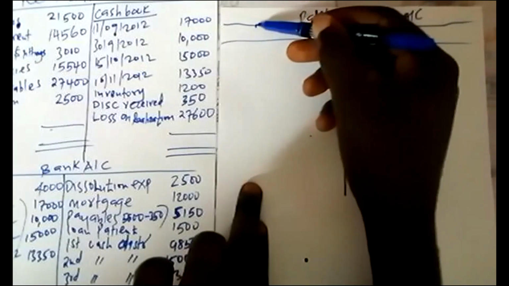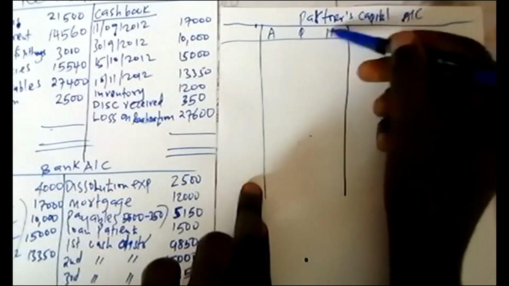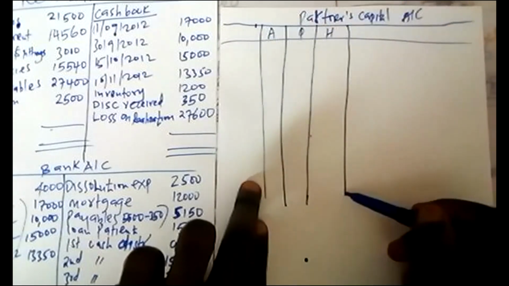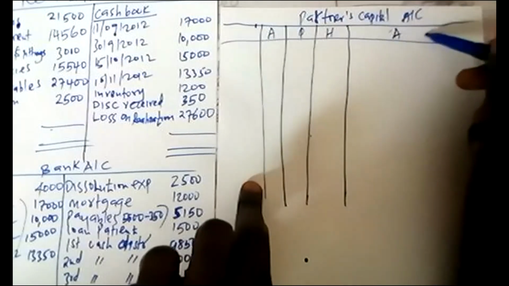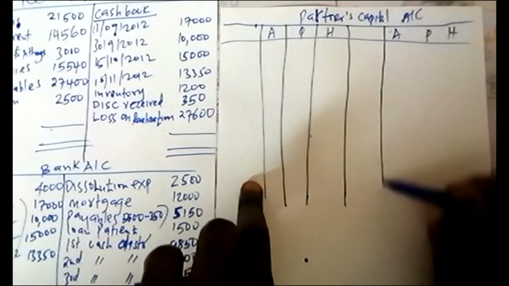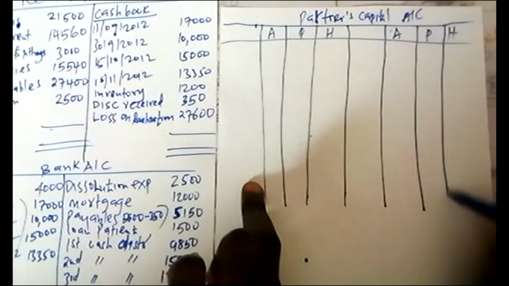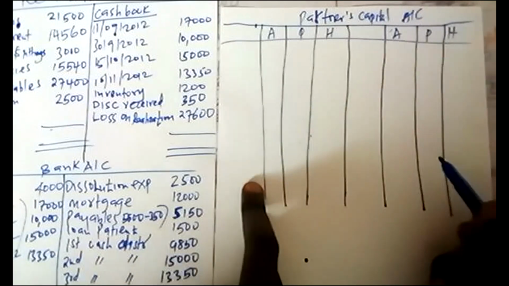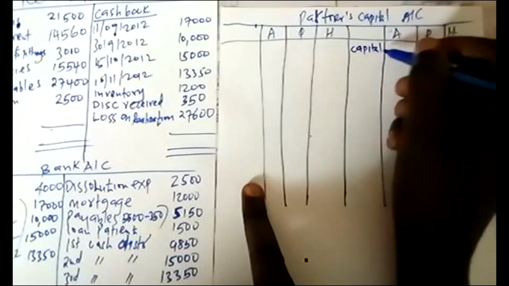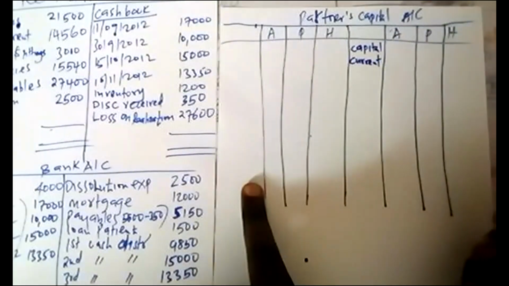Remember that we have three partners here: Able, Patient, and Hastings. So you start from balance brought down, the capital account and the current account.